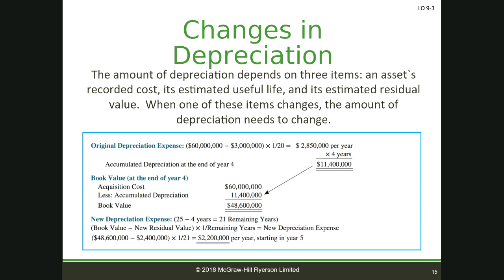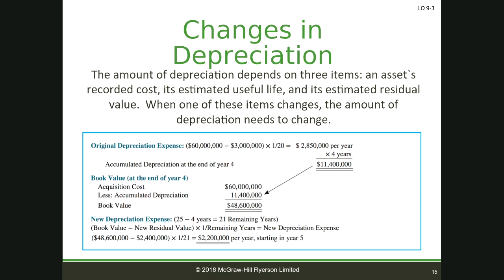Originally we had estimated it would be $3 million. Now we're saying it's only going to be $2.4 million. So our net book value minus our new residual value is $46,200,000, multiplied by 1 over the remaining useful life, 21 years.